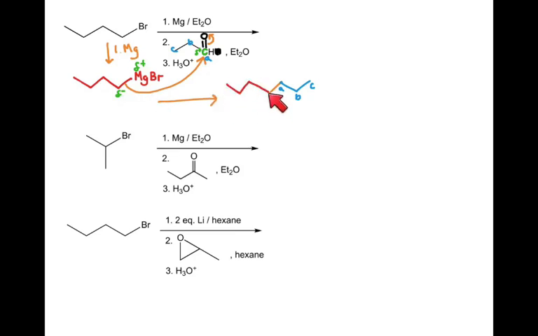I have a new bond from the nucleophilic carbon. We'll put a little dot there. There's my nucleophile. A new bond from the nucleophilic carbon to the electrophilic carbon, and that new bond is shown in orange. And the electrophile has 3 carbons, A, B, and C.